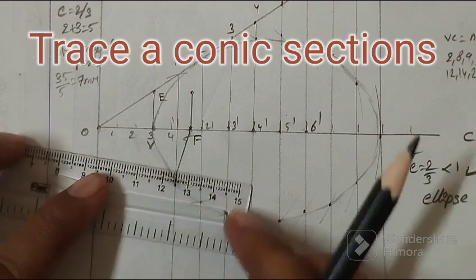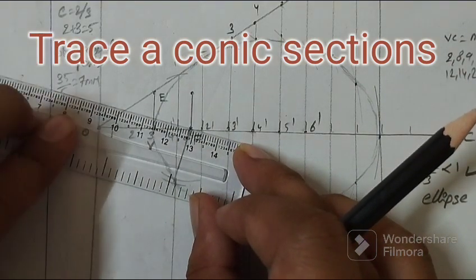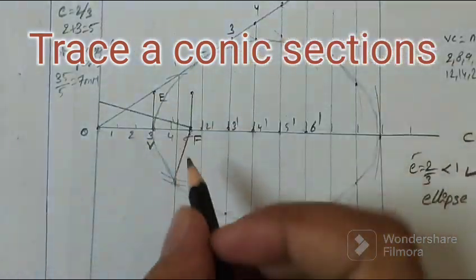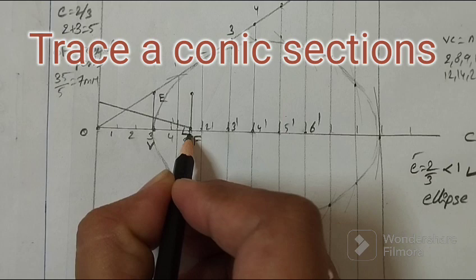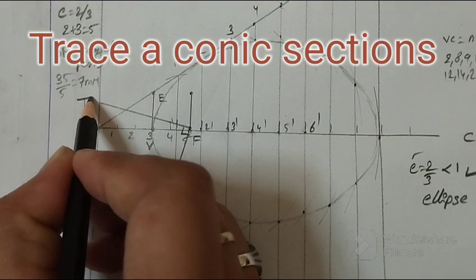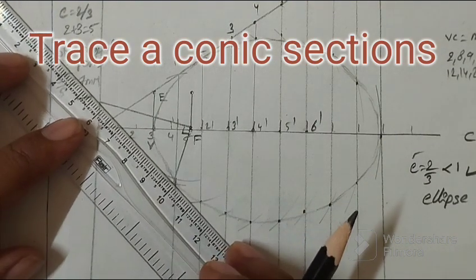Since my video is becoming too long, I am just drawing it roughly. This should be 90 degrees. Now you can name this point as T. Now join this T and this one.